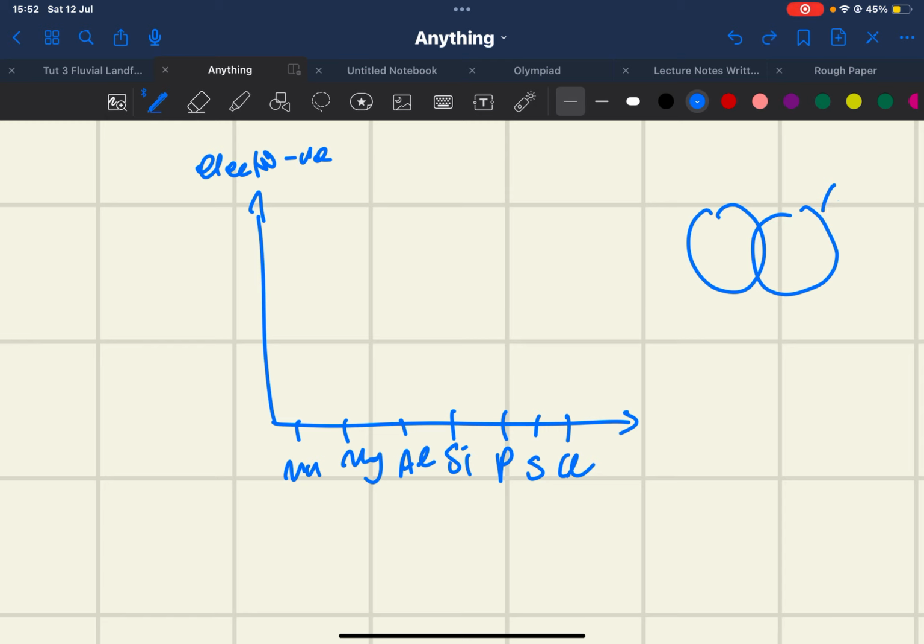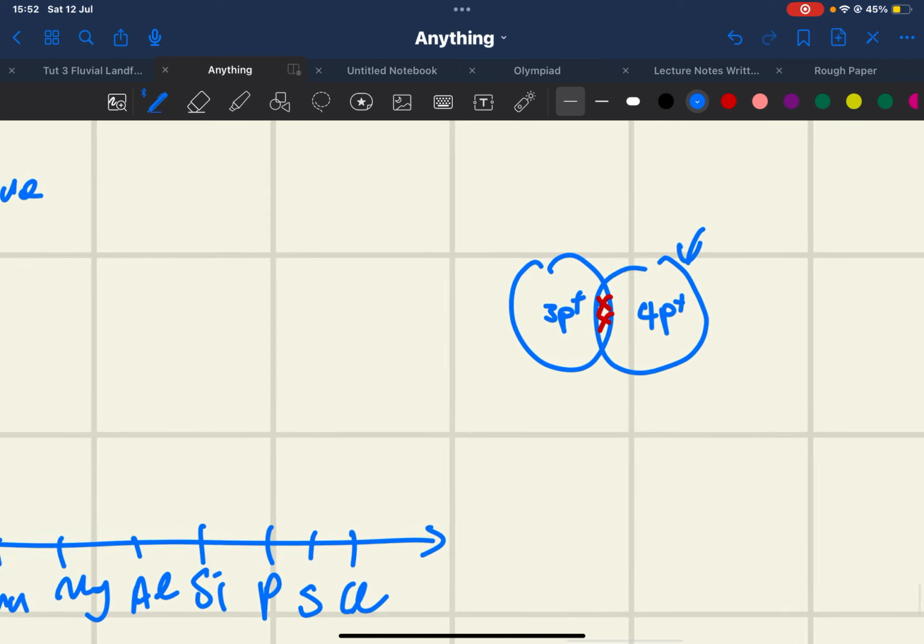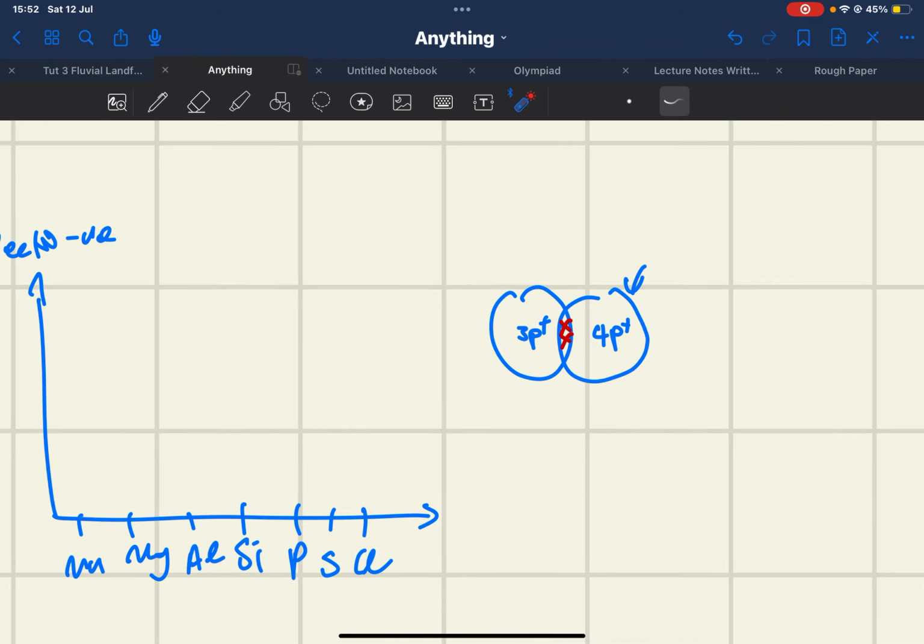The ability for this atom, for example, there's a shared pair of electrons here, right? There are two electrons here. The ability for this atom, the nucleus here, to actually pull this shared pair of electrons towards itself. So for example, if I got 4p plus here, and 3p plus here, which one do you think will pull the electrons a bit more?